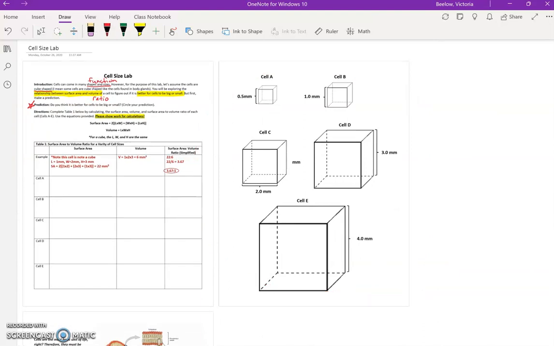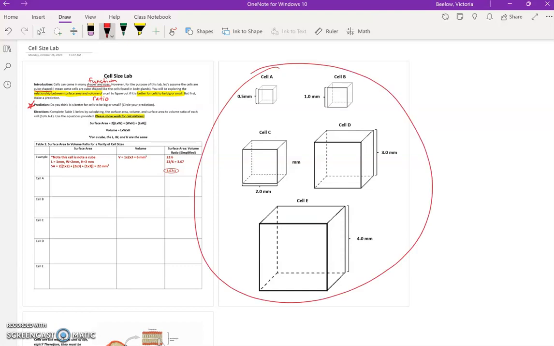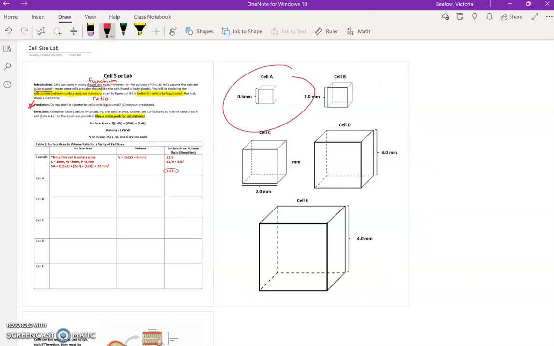Now, since these are cubed shaped, the length, width, and height will be the same for all of these, okay? However, when we do other practice problems moving forward, the length, width, and height may vary and will not always be the same. However, for this lab, we have these cubed shaped cells of various sizes from small to large.